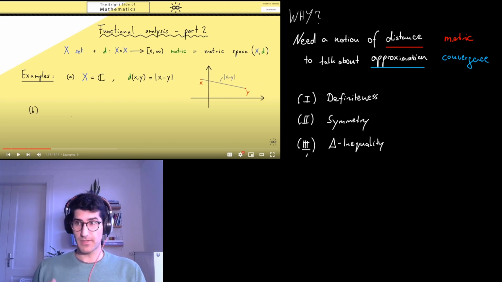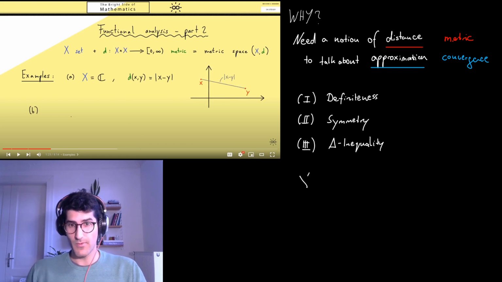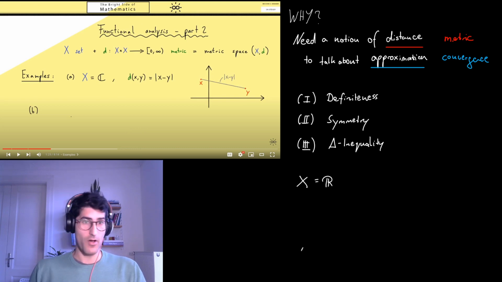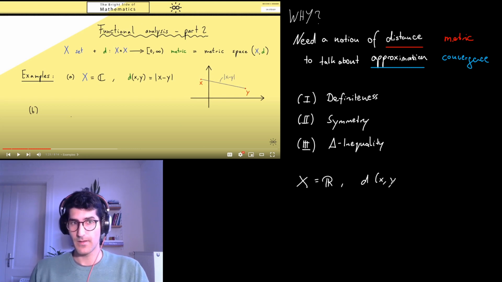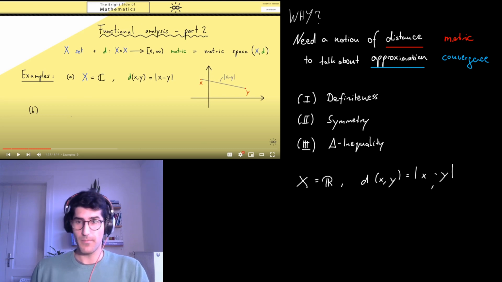I promised you some counterexamples, but let me also add a little bit to this example A by telling you, well, you also know another very classic metric on the real numbers that is defined in the same way as here, but it's not in R2.